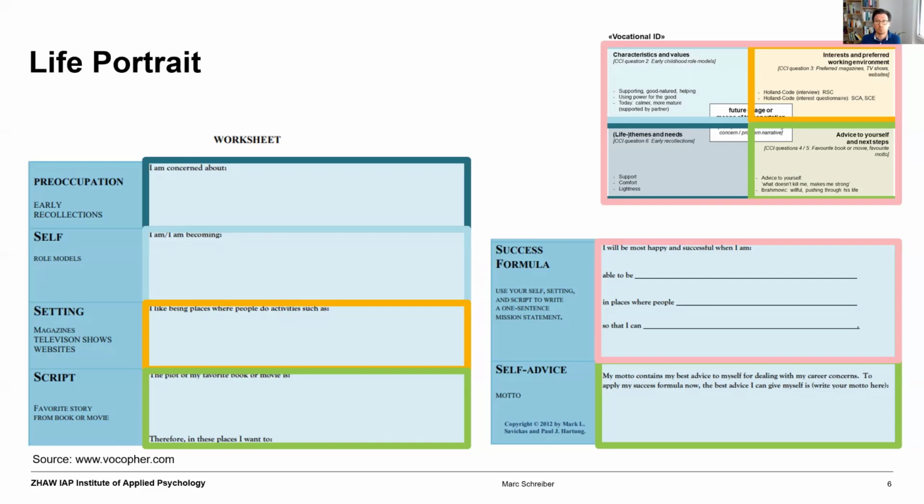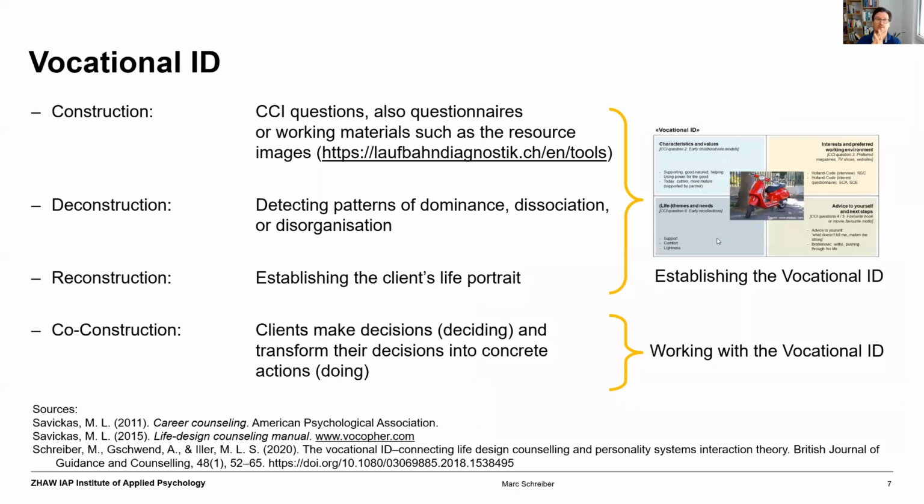Yeah, this is already all about the vocational ID, but I want to go to the next slide and show you how we work with the vocational ID. And I already mentioned that in the construction phase, where we ask the CCI questions, I like to work also with questionnaires or working materials, such as the resource images.